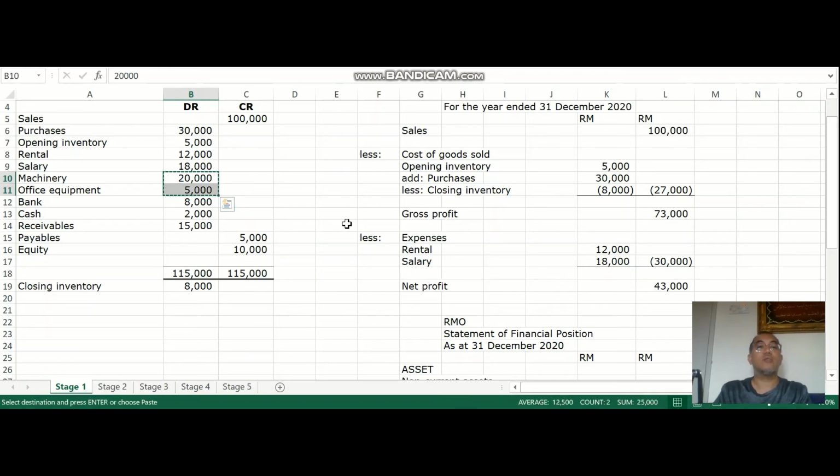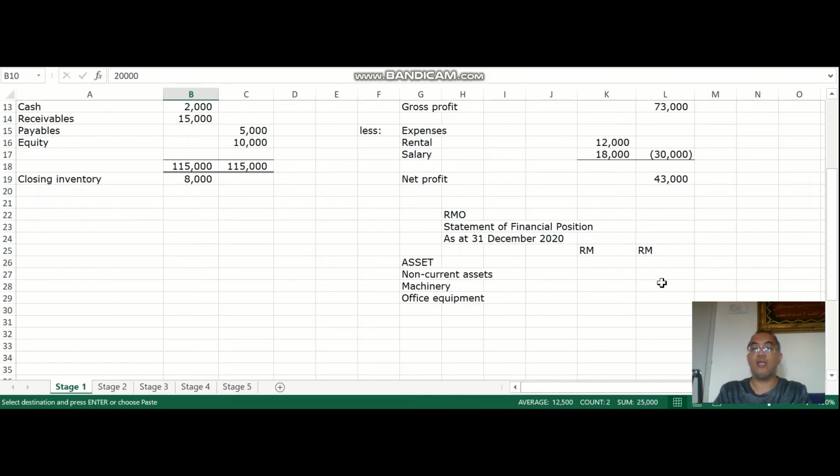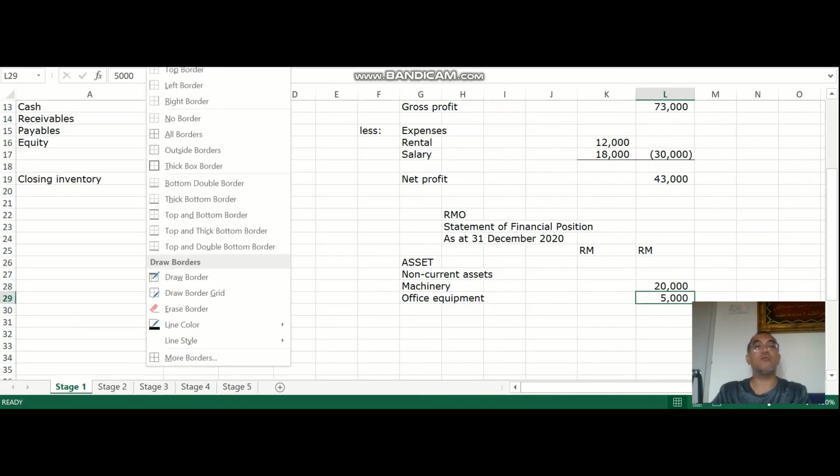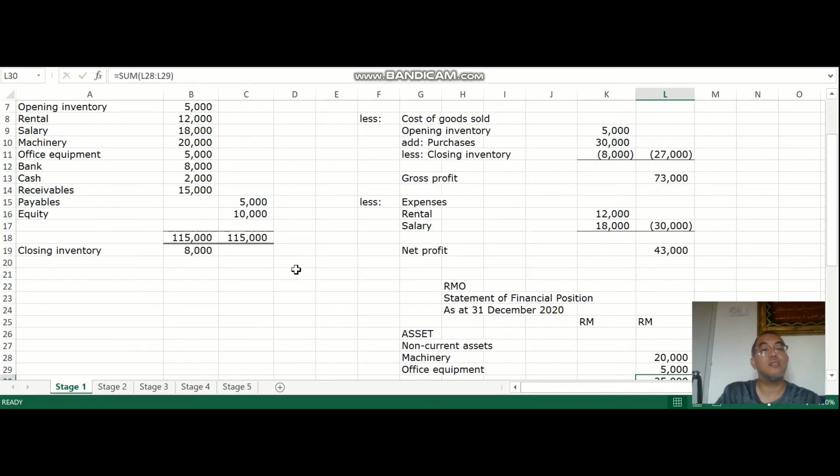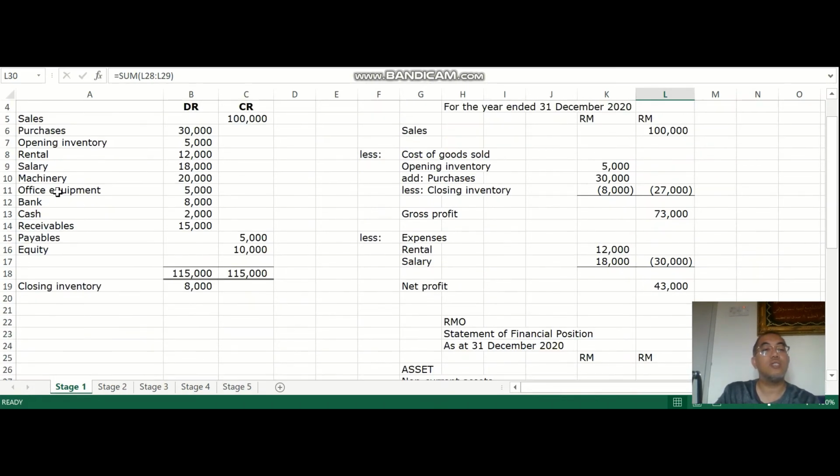So I copy and paste it over here, and then I should get the total of 25,000. Let's just check again. What is my non-current asset? Yeah, only two.